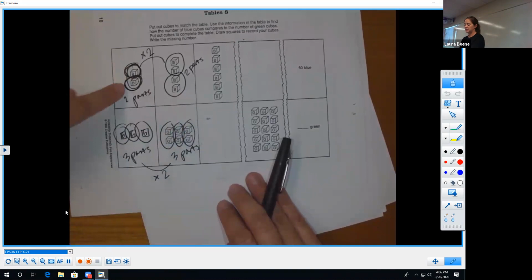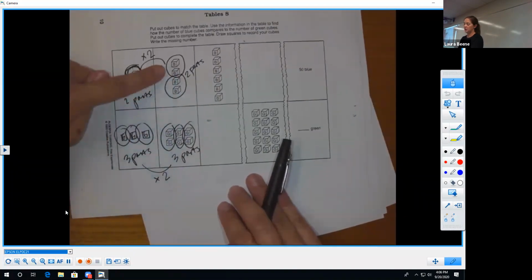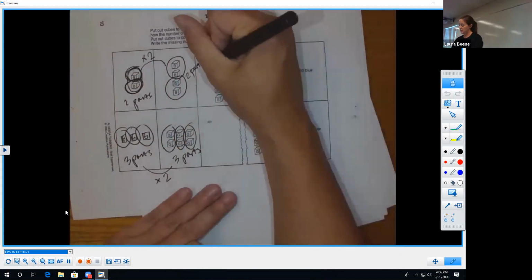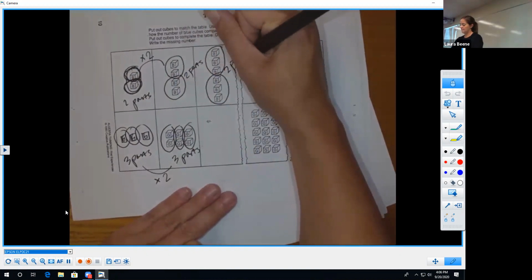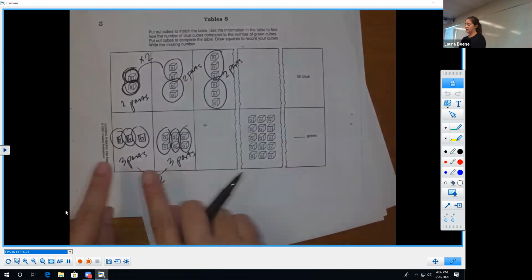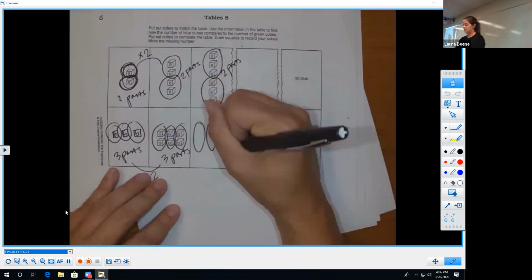Okay, so I need to think about it as, if you think about the parts, the way I split this into 2 parts, there was 1 in each group. The way I split this into 2 parts, there were 2 blocks in each group. If I split this into 2 parts, there would be 3 blocks in each group. Okay, so again, 3 parts. I need to draw 3 parts here.